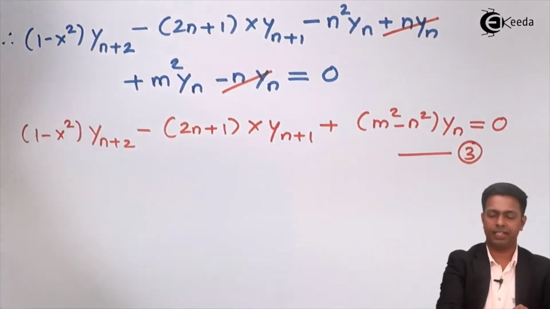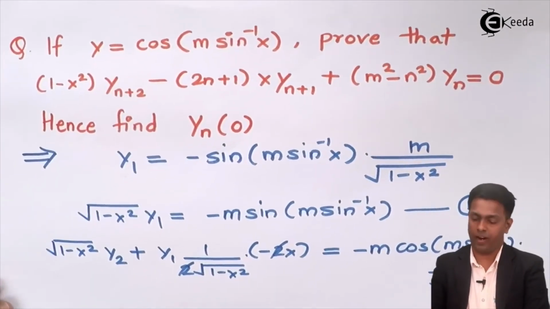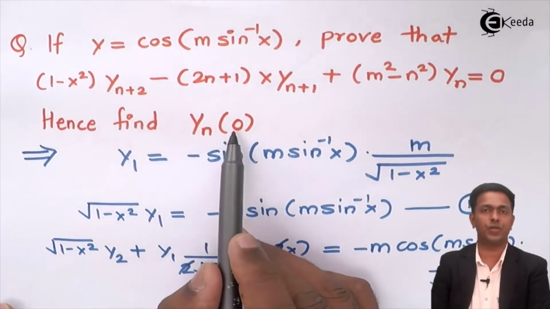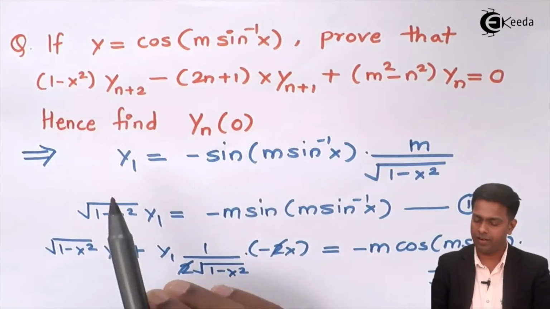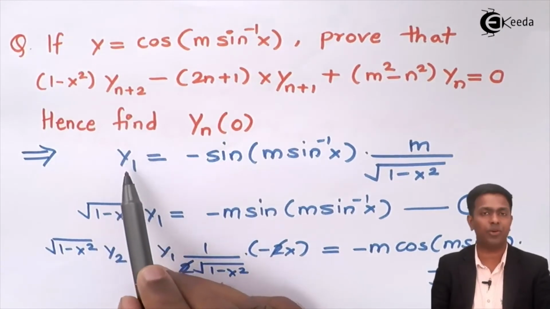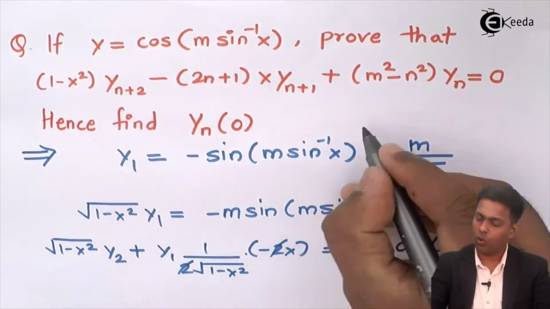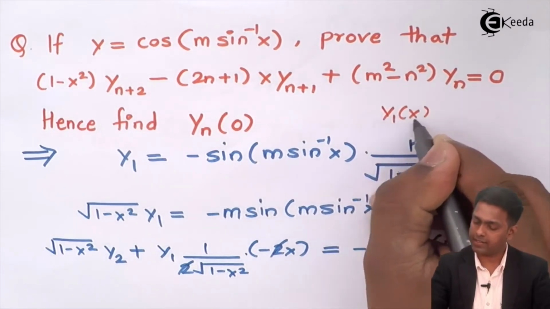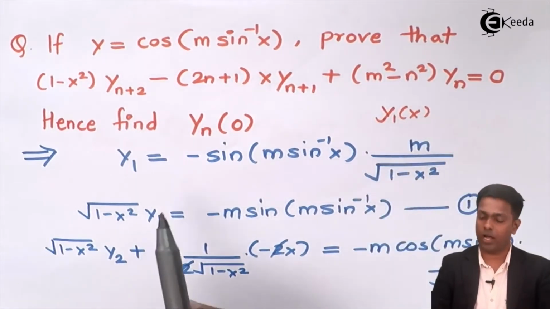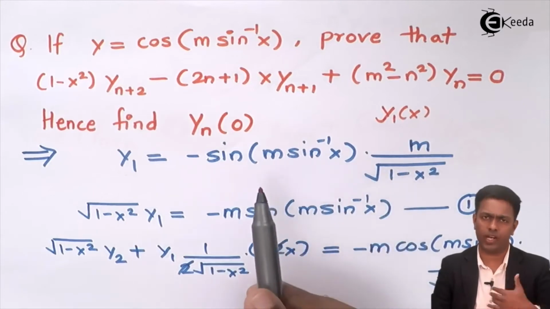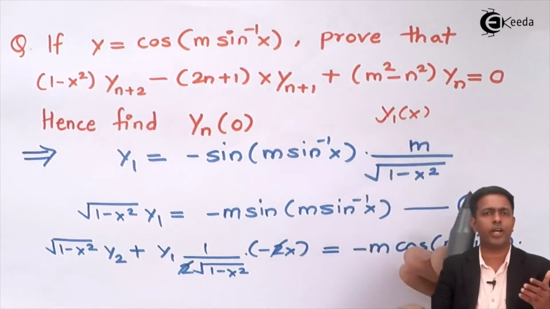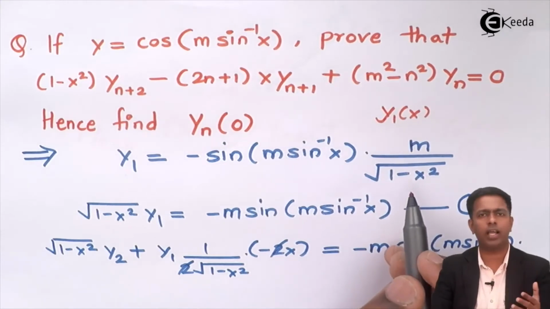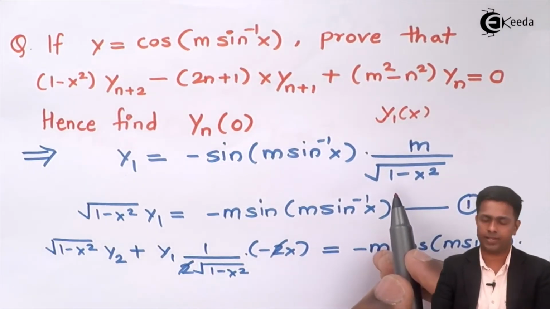Now guys, we have to find the value of yn of 0. So let's start with this. Let me tell you that when we have the value of y1, this is nothing but y1 of x. We know that y is a function of x, so we can also write y2 as y2 of x, and obviously yn as yn of x.